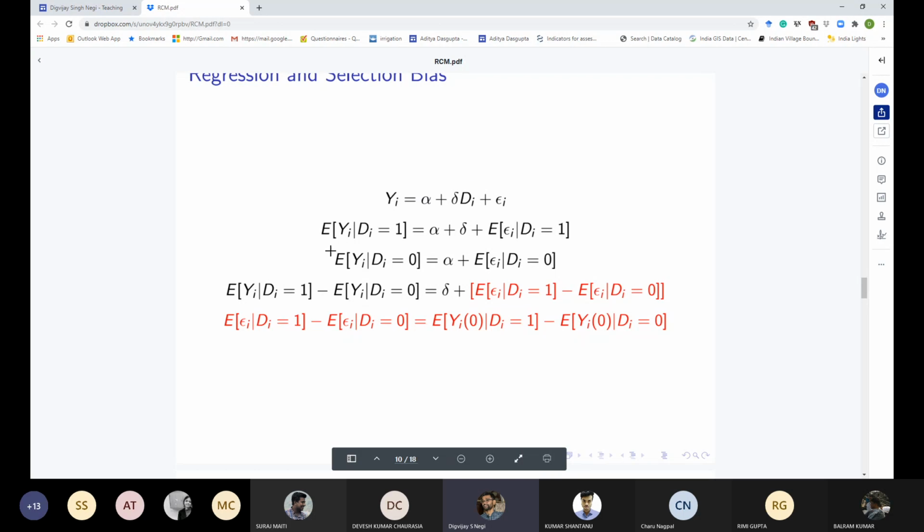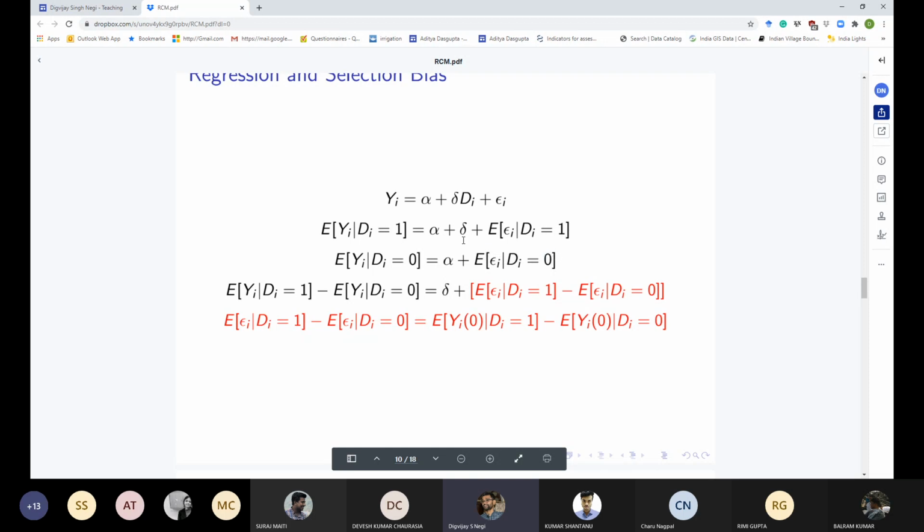Similarly, what would be the average value of the control group? You can write it like this: the expected value of yi conditional on di equal to 0 is just alpha, since this term is 0, plus the expectation of the residual term conditional on di equal to 0.